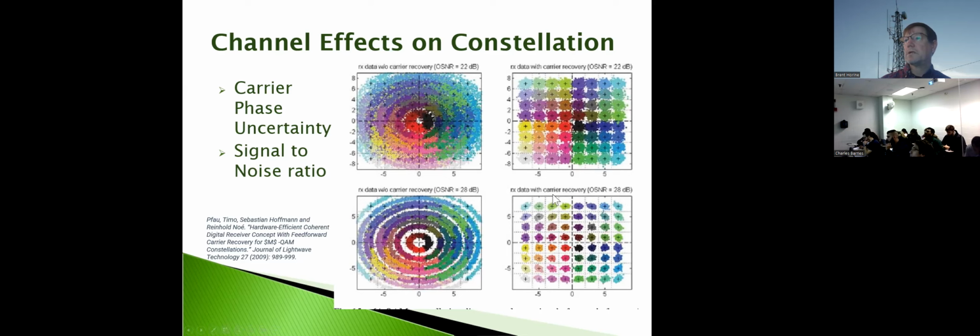What we're seeing here in this lower right-hand chart is kind of similar to what we saw before. The colors, of course, are just for visualization, but these are no longer the ideal little points that we would see.